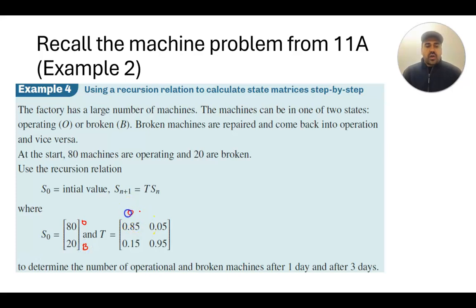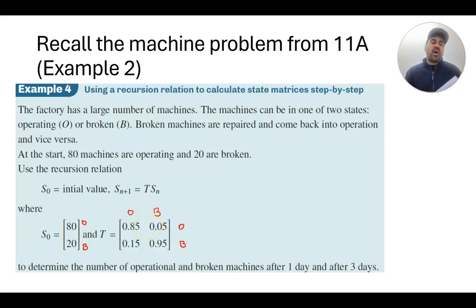If it starts off operating, the next week, 85% of them are going to remain operating, and the other 15% will be broken. And from the broken ones, the likelihood of them being operating the next week is a 5% chance, but then 95% of them will remain broken. Probably not the best model for this particular work. But this is just the transition matrix.